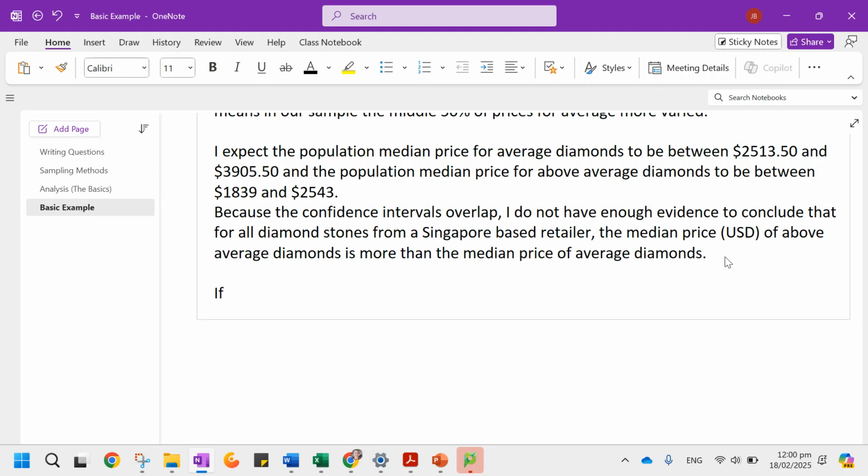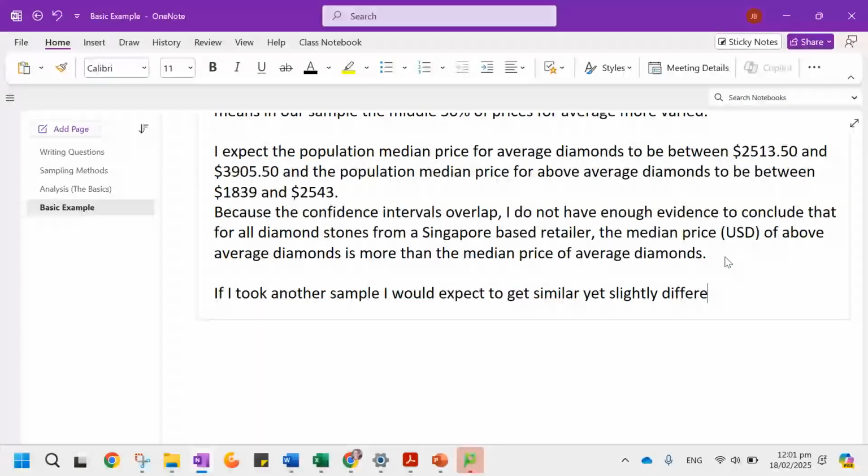So if I took another sample, I would expect to get similar yet slightly different results. I would still, how do we want to say this?